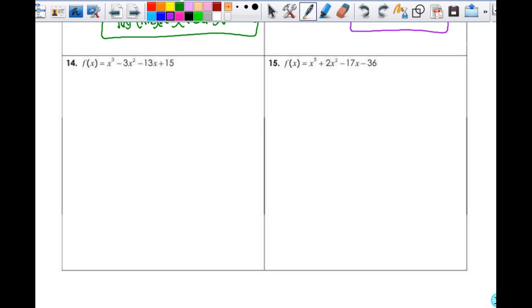So looking at this one, I cannot factor this one by grouping either, which means I'm going to need my factors. This leading coefficient is 1. That's good. So the factors of 15: plus or minus 1, plus or minus 3, plus or minus 5, plus or minus 15. So I'll start with 1. This will be 1, negative 3, negative 13, 15.